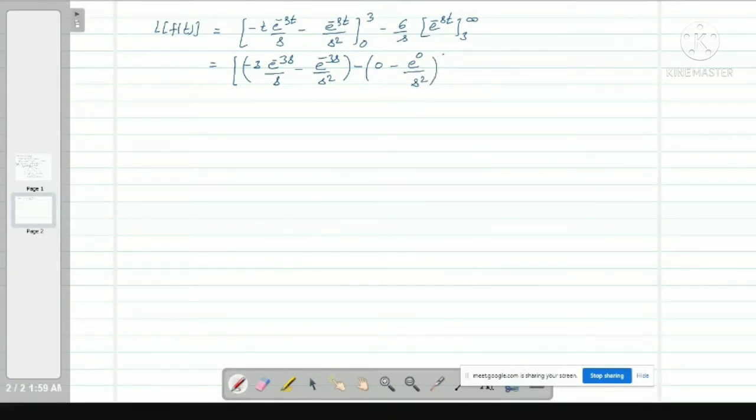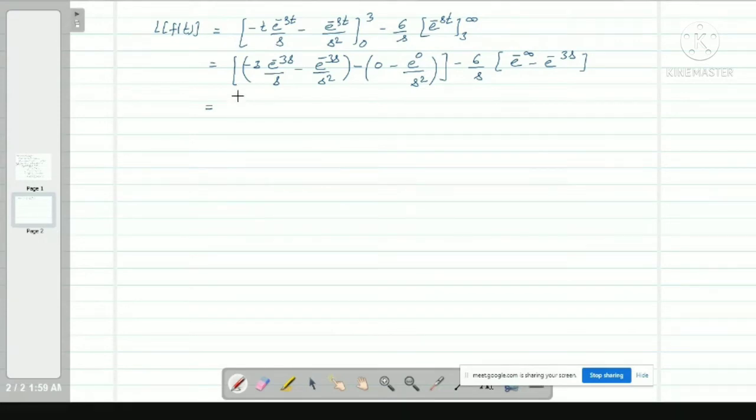Now come to the second term. So 6 by s, your upper limit e raised to minus infinity. Instead of t we put infinity, so infinity multiplied by s is infinity, and minus e raised to minus 3s. Just simplify this.